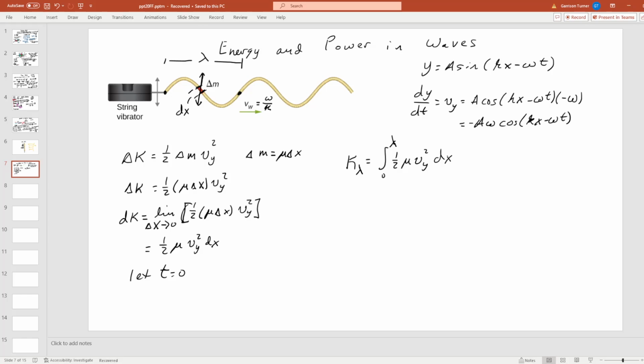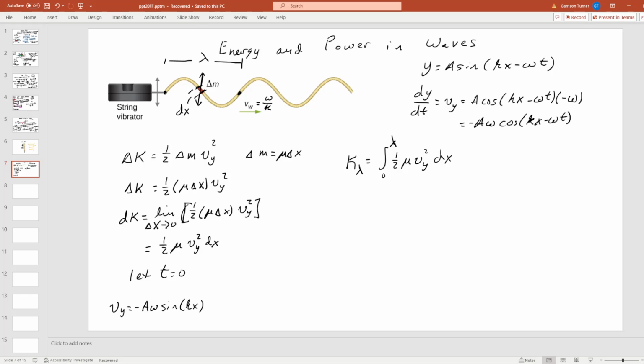If we let t equal 0, then Vy is equal to negative A omega sine kx.